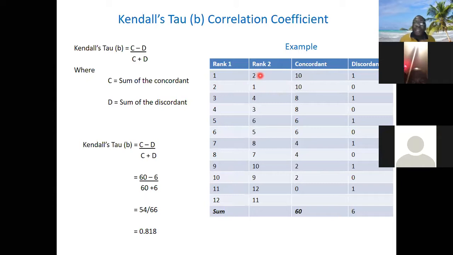For the first one now, anyone above this one, that is, apart from the line of this first one, on the opposite side, anyone above the value, how many of them are above, that is the concordant. The number that are above are the concordant. But the discordant, the number that are below or equal to, that's the discordant.